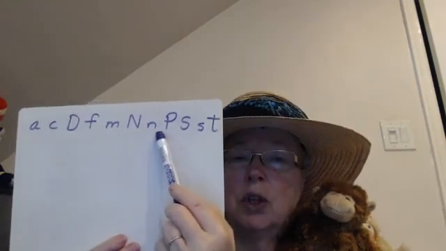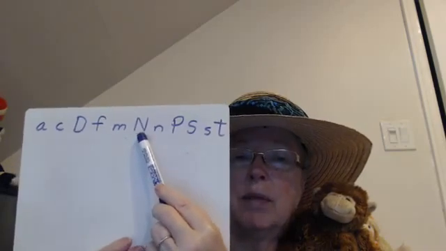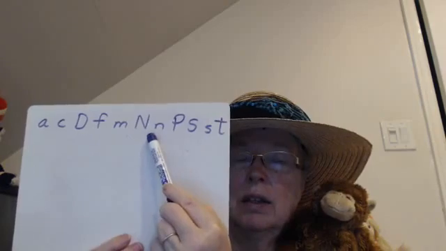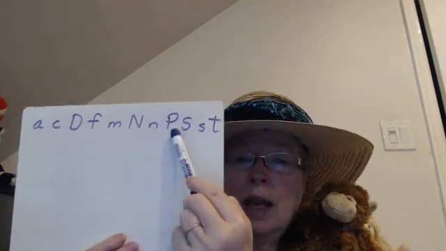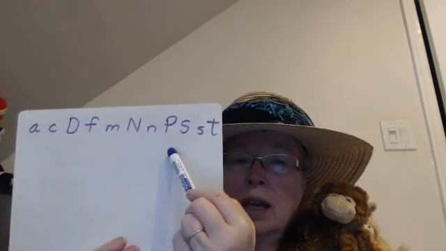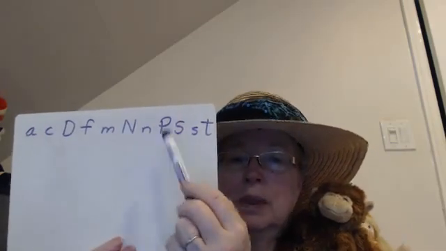One thing I'm sure you've noticed is that it doesn't matter if it's an uppercase N or a lowercase n, they're going to make the same sound. Same thing with uppercase S and lowercase s. All right, let's go ahead and get started building our words.